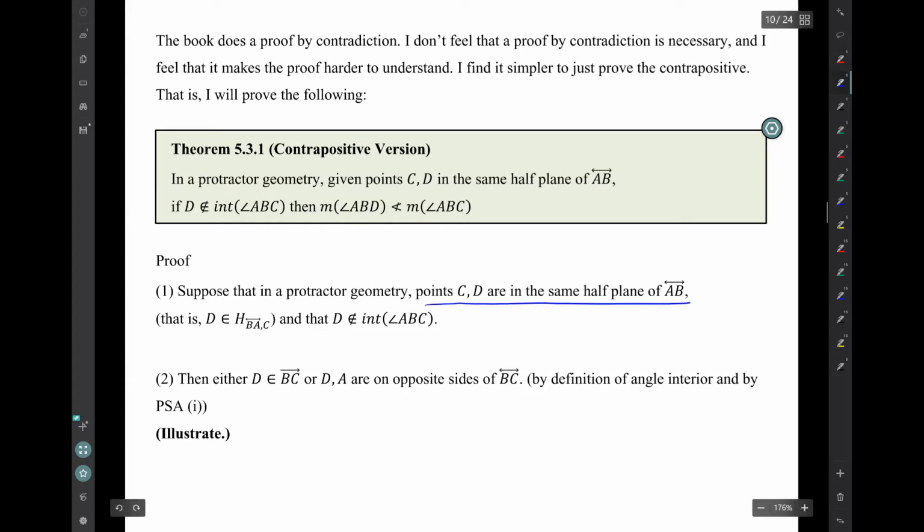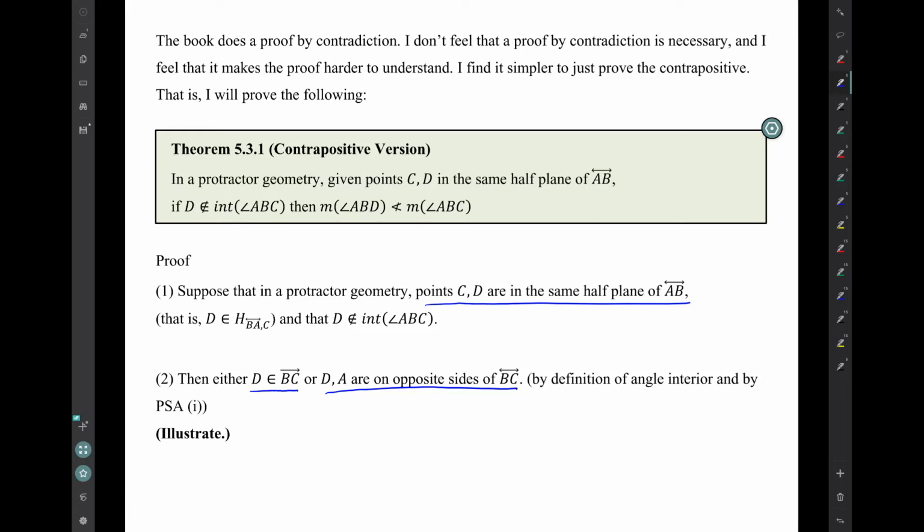That is to say that D is in the half plane of line BA that contains point C. And also suppose that D is not in the interior of angle ABC. Well, if D is not in the interior, then either D is on ray BC or D and A are on opposite sides of line BC. This is by the definition of angle interior and by PSA 1.